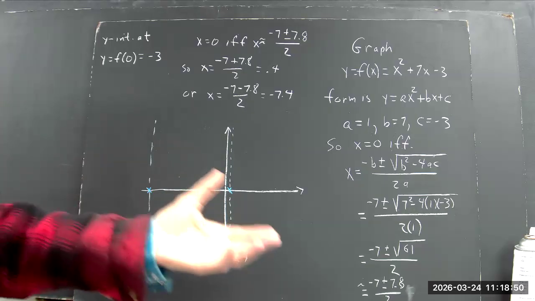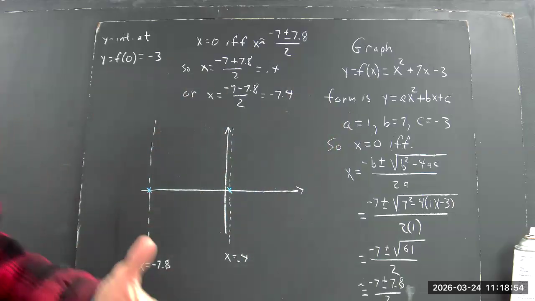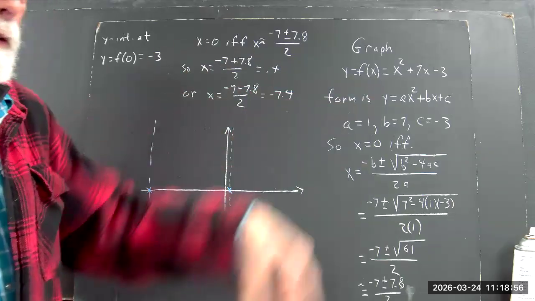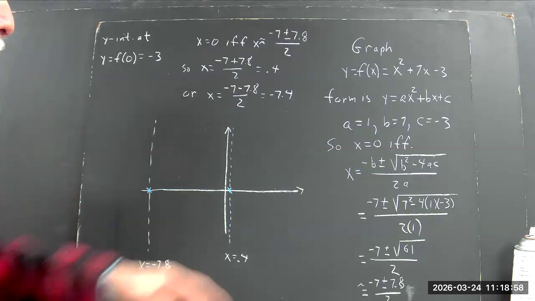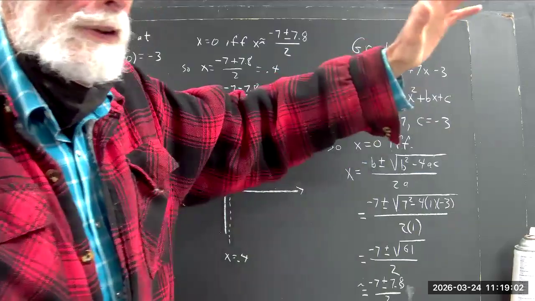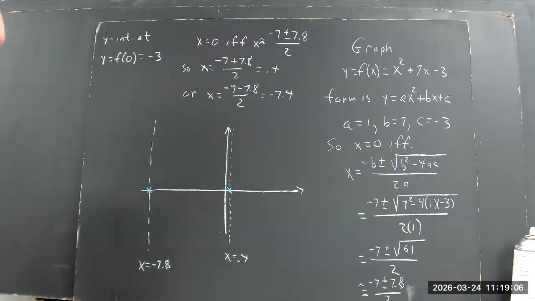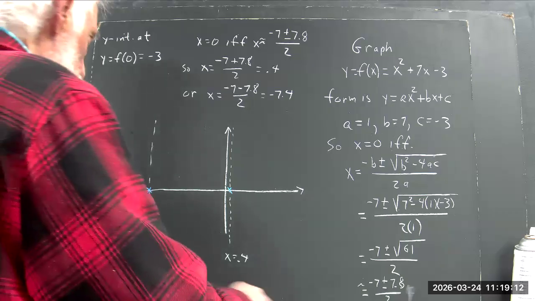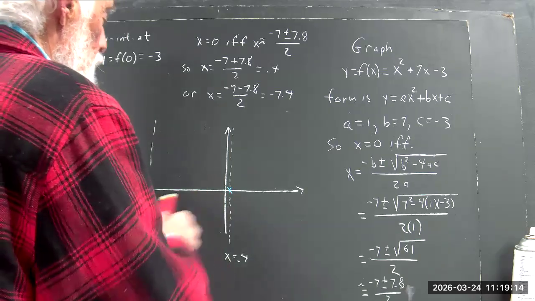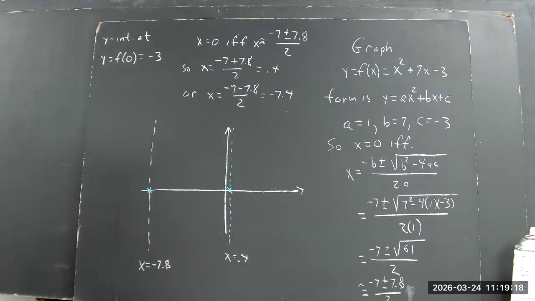To get the y-intercept, as I've been preaching for months, okay, and I think you all know, we plug in 0. And it's real easy to plug in 0 here. Everything that has an x on it's going to be 0. And the only thing left is that negative 3. That means I can put the point 0, negative 3 on the graph.